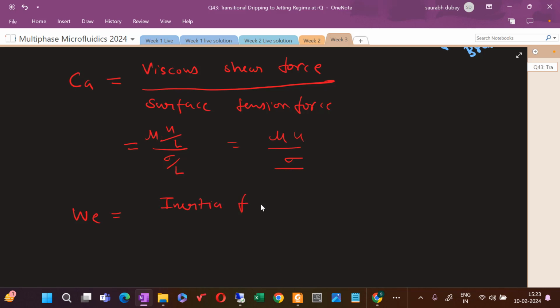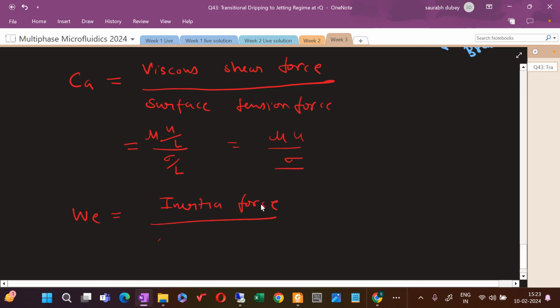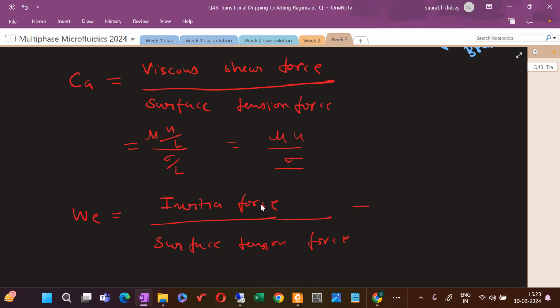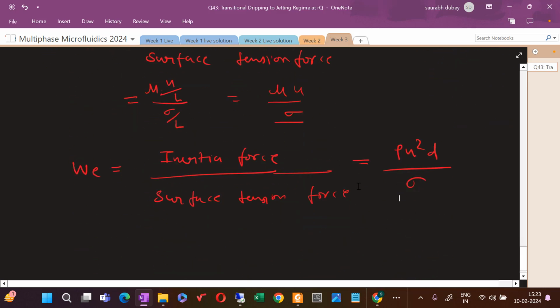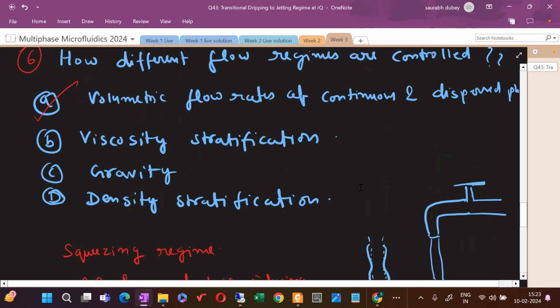It comes out to be rho U squared d, the diameter, divided by the surface tension sigma. These two numbers are defined in terms of forces, and they are the deciding factors for the different regimes.